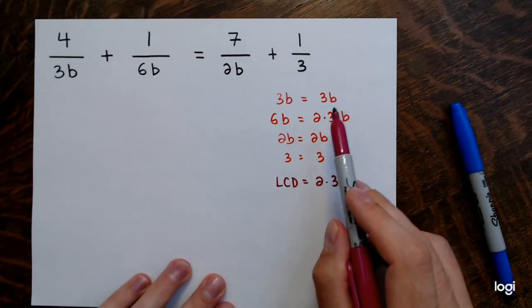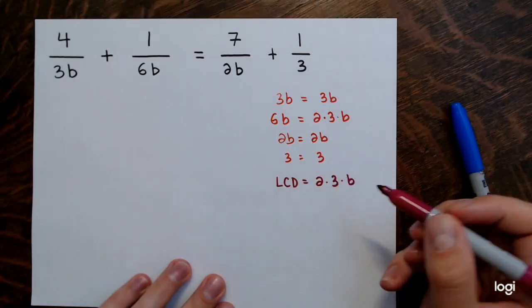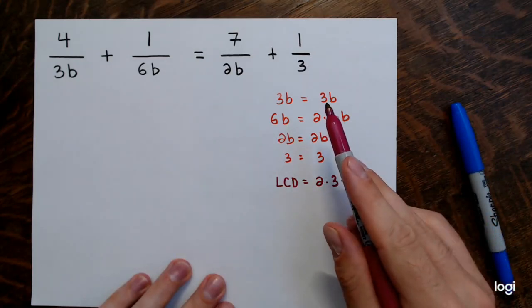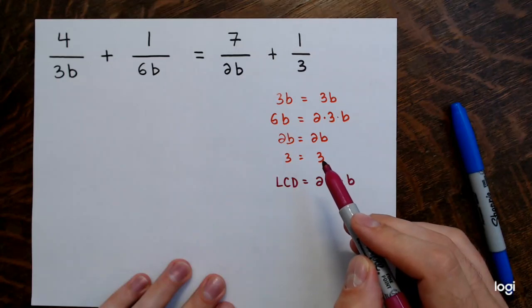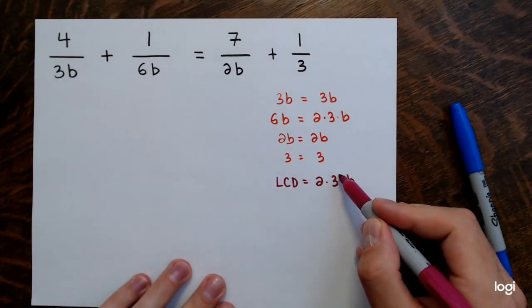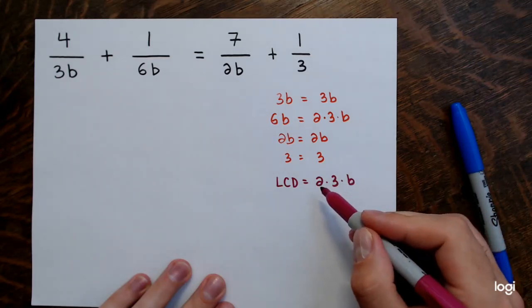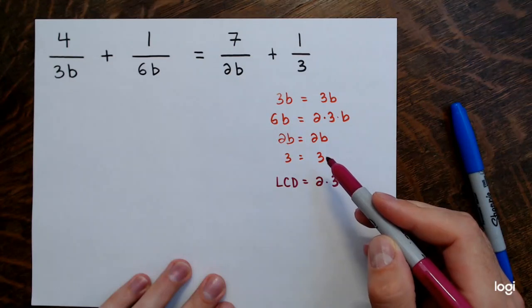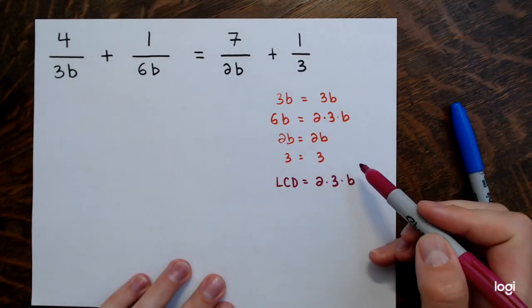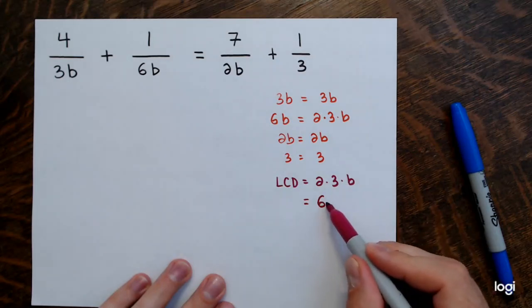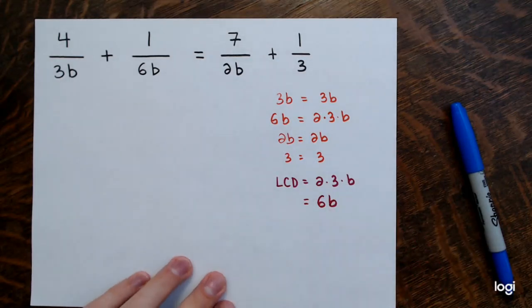The largest of 0, 1, 1, and 0 is 1, so you have 2 of the first in the LCD. 3 appears once, once, 0, once, so 1, 1, 0, 1. Largest of those is 1, so 3 of the first is in the LCD. And then b appears once, once, once, and no times. So 1, 1, 1, 0, the largest is 1. So it's just 2 times 3 times b, or 6b. So the LCD is 6b.